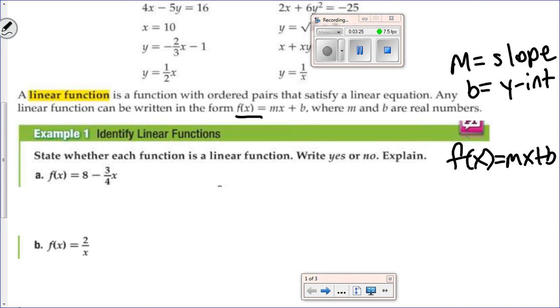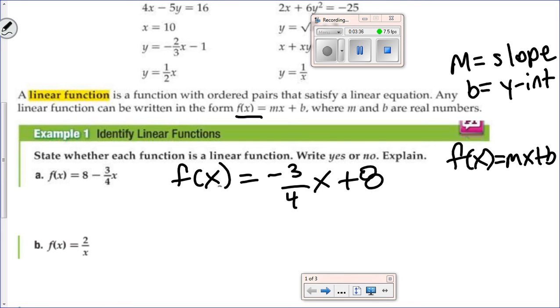This is a positive 8, so we could rewrite this as f of x equals negative 3/4 x plus 8, where your slope, your m, is equal to negative 3/4 and your y-intercept value is equal to 8. So this is a linear function. Yes, we are able to write it in that form, y equals mx plus b. That is linear.